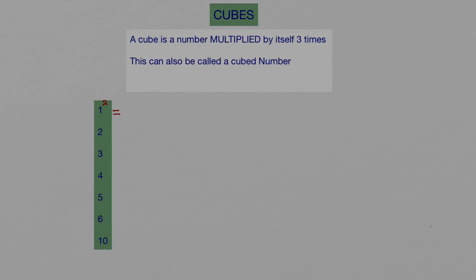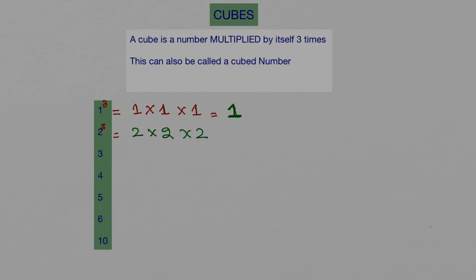So in short, a number we're going to times by itself 3 times. The cube of 1 would be 1 times 1 times 1. You can times 1 with itself a million times, but it will always give you the same answer, 1. 2 cubed would be different now: 2 times 2 times 2.